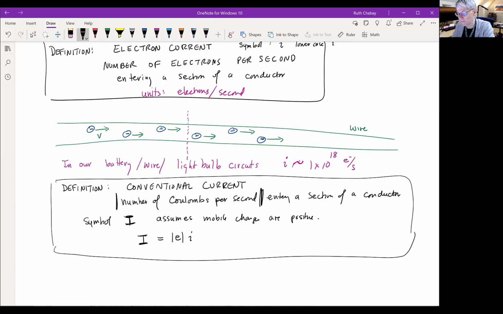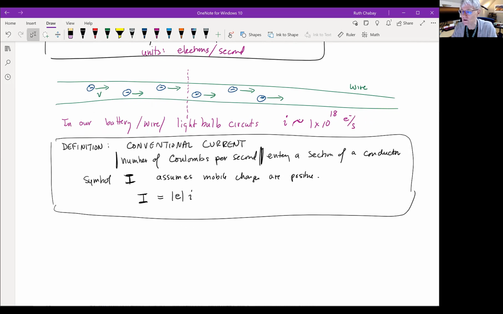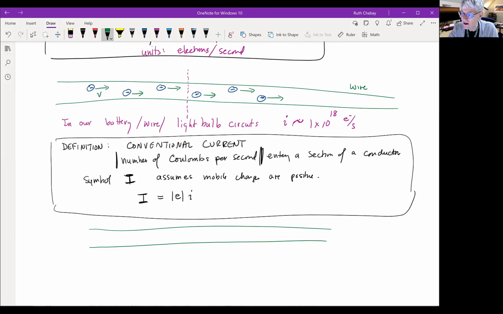And so conventional current, which is the current that you'll hear most about from other people talking about wires and circuits, acts as if it assumes that what we've really got is fictitious positive charges moving opposite to the electrons, in a direction opposite to the way electrons are really moving.